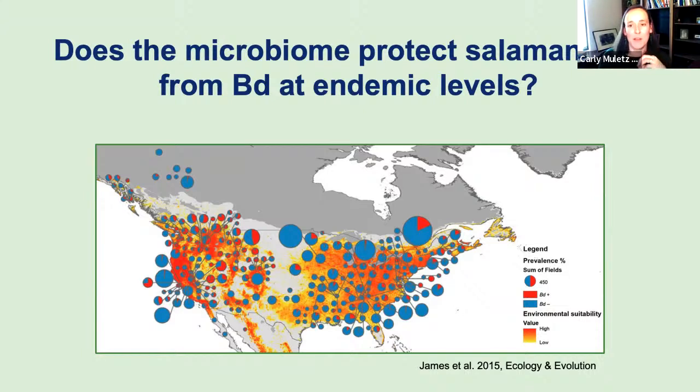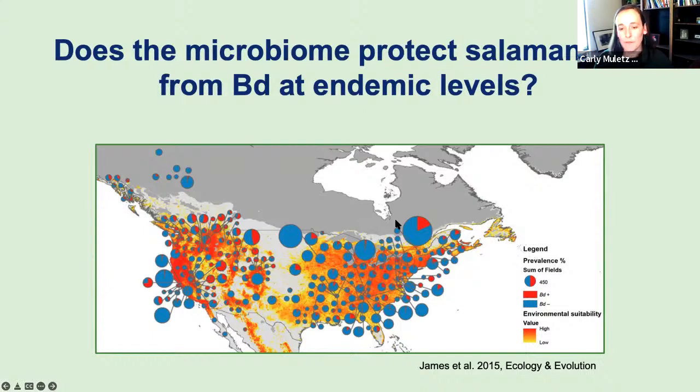Does the microbiome protect salamanders from BD at endemic levels? Let's think about what's going on with these beneficial networks, these beneficial bacteria in the microbiome, and how they relate to BD. Here's a map of the United States showing the distribution of BD, with pie charts showing, out of how many sampled amphibians, how many are infected with BD.